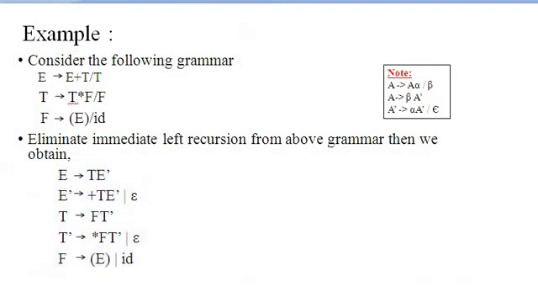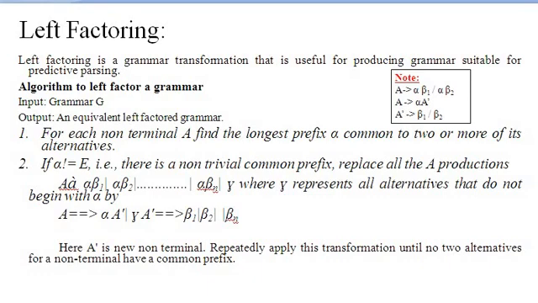Next is left factoring. Left factoring is a grammar transformation that is useful for producing grammar suitable for predictive parsing. If you have more than one production from the right hand side starting with the same terminal, then it is also eliminated. The algorithm for left factoring: the input is grammar G and the output is an equivalent left factored grammar.